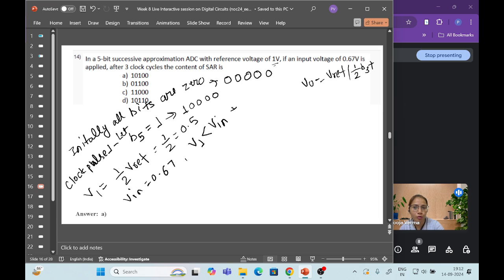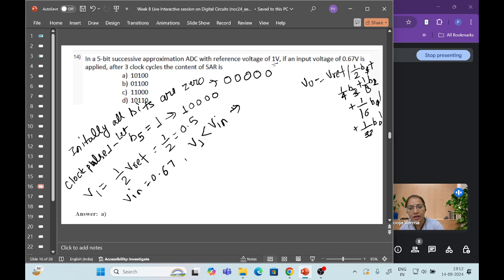Here I am writing for 4 bit, plus 1 by 4, that is V2, 1 by 8 for V1, plus 1 by 16 for B0. So you can write it for 5 bit also, that is 1 by 2 for B4, 1 by 4 for B3, 1 by 8 for B2, 1 by 16 for B1, and plus 1 by 32 for B0. Okay.